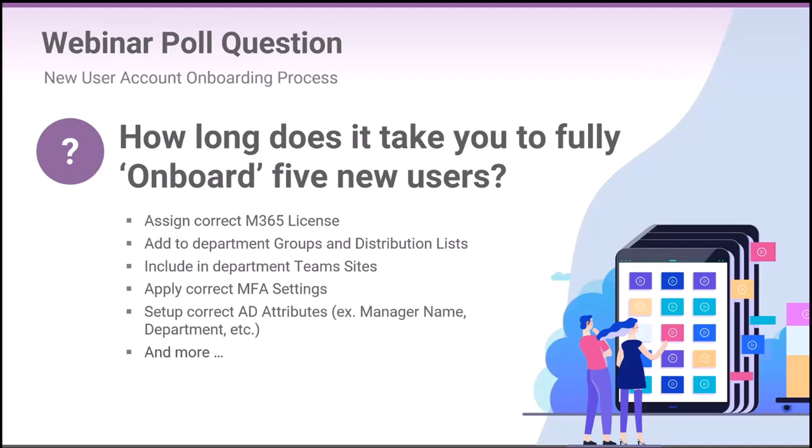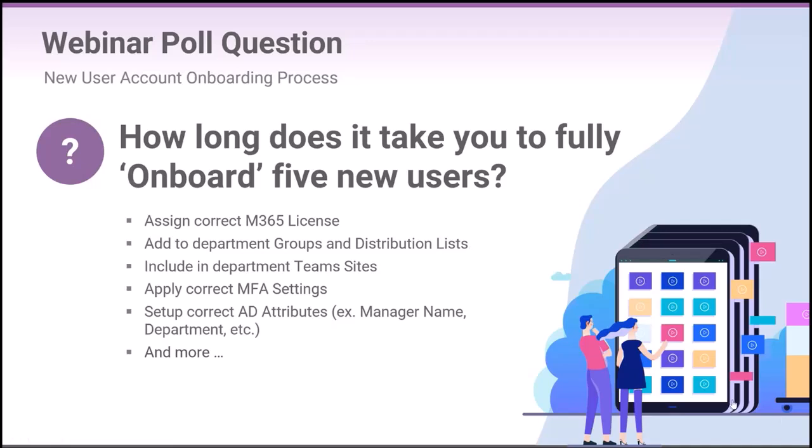You got to go through all of these different steps, right? Apply the correct MFA settings, put them in the right groups, distribution lists, set up the right AD attribute, give them the right licenses. All that stuff takes time to do manually. And now multiply it times 5 users, and you can now get up into an hour, 2 hours, or longer to manually go through all that stuff.